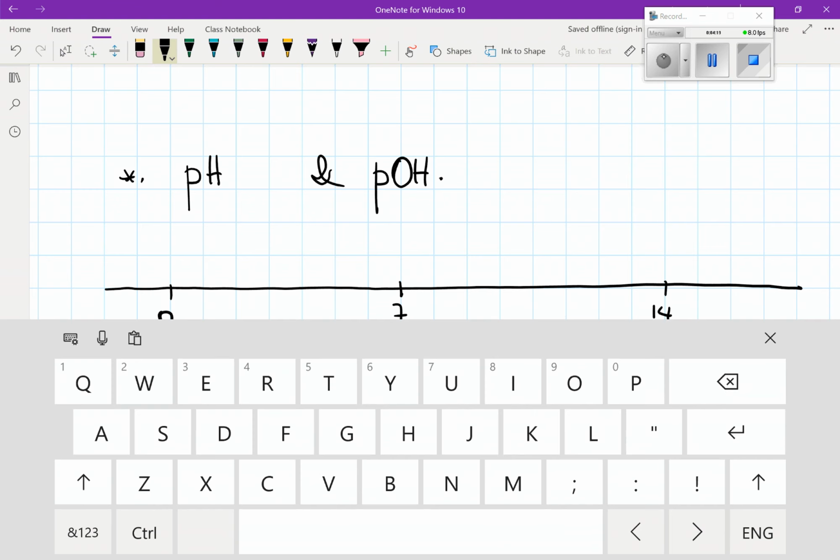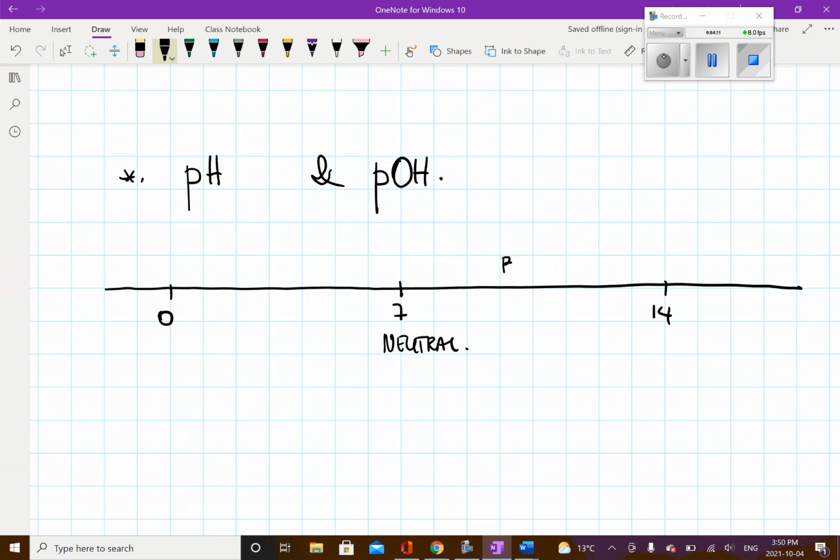Whatever is between 7 and 14 is considered a base, and whatever is 7 to 0 is considered an acid. But if it is less than 0, negative, then it means that it's too much acid.